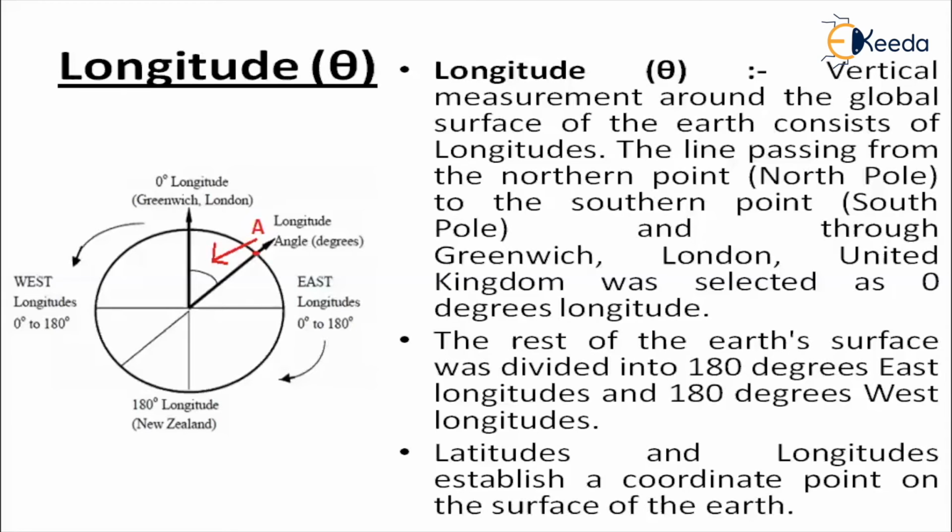So any location on the Earth can be given by the latitude and the longitude angle. Both should be there, and only then can we identify that place on the Earth.